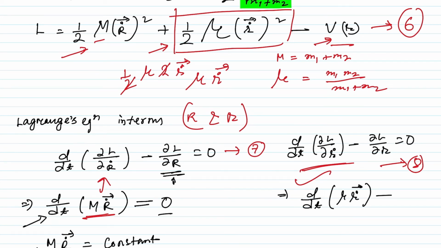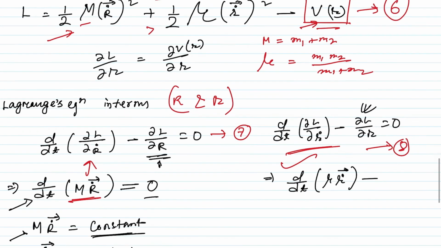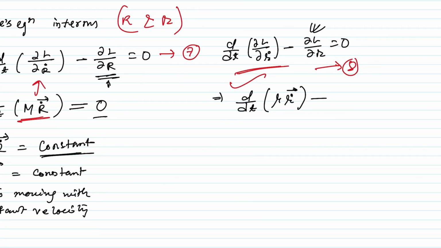here you see minus. Now let's find del L by del R. Here this is a function of R, so del L by del R will be given by del V by del R, where V is a function of R. So from equation number 8, we have del V by del R is equal to 0.